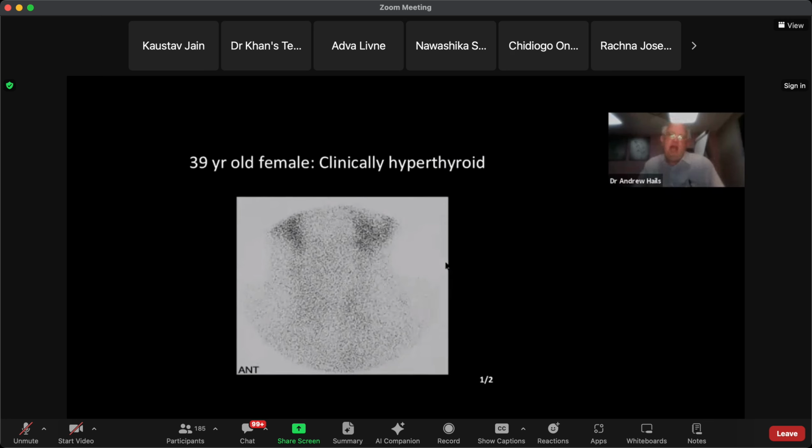Okay, and this person, now clearly you tell whether somebody is hyperthyroid or not from their thyroid function tests. But you may occasionally get somebody who is hyperthyroid from their thyroid function tests and yet have a scan like this, where there's no uptake at all.